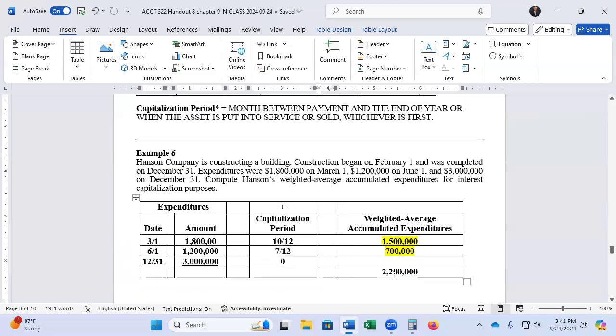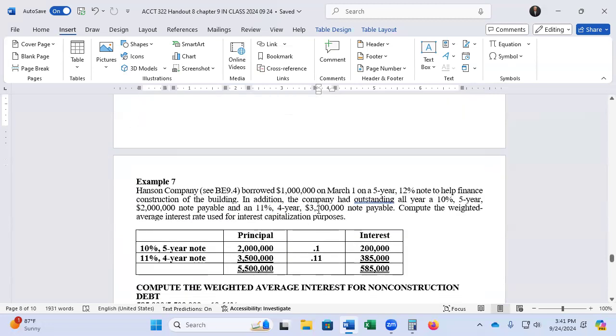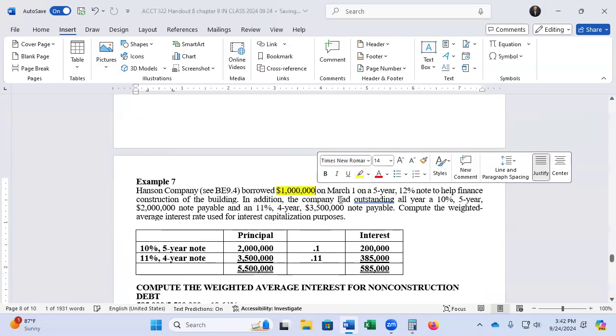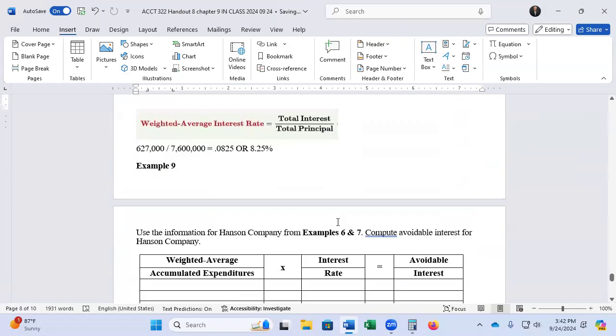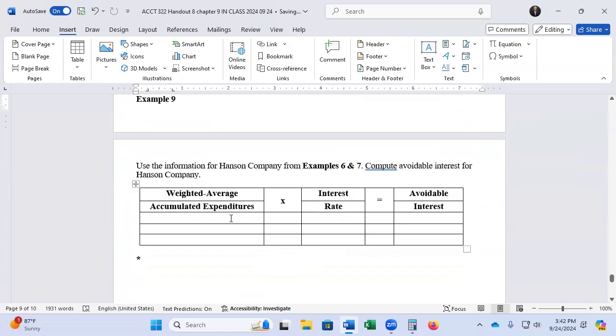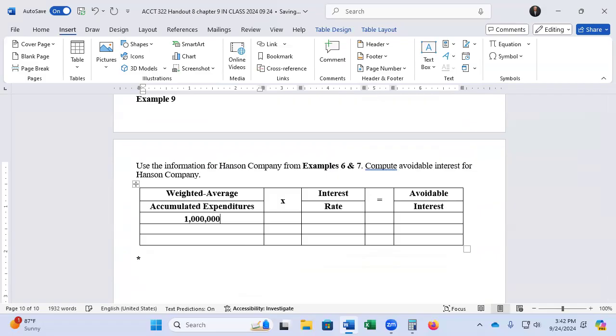And we have $2.2 million, right? And so number 7 says we have $1 million loan. And so that's going to be our first one. And so we have 1 million times our interest rate is 12%. And so that avoidable interest is 120,000.